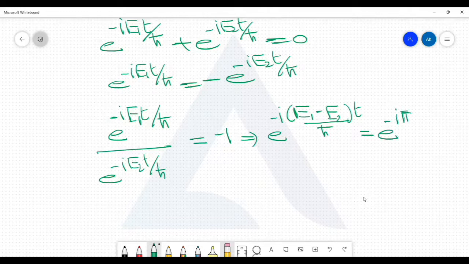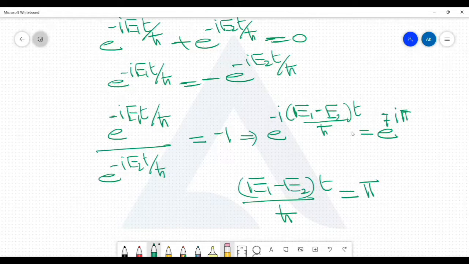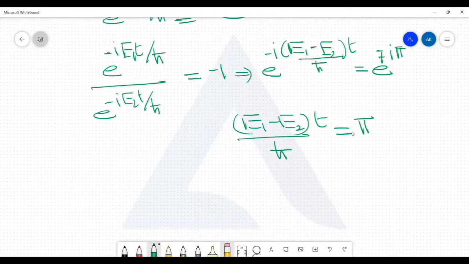I think e raised to plus or minus i pi, both I can use, is minus 1, no problem. But in order to equate this, let me take e raised to minus i pi. Therefore, I can equate (E1 minus E2) t by h cross equal to pi, right? So your time will be equal to pi h cross divided by the modulus of E1 minus E2.